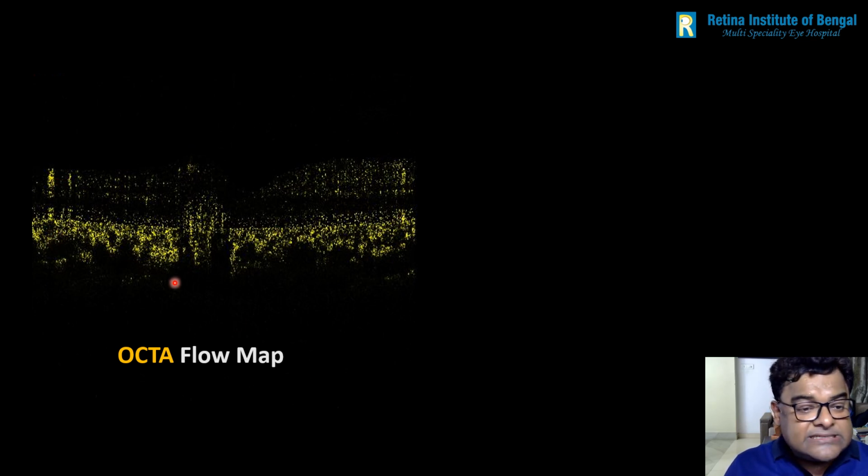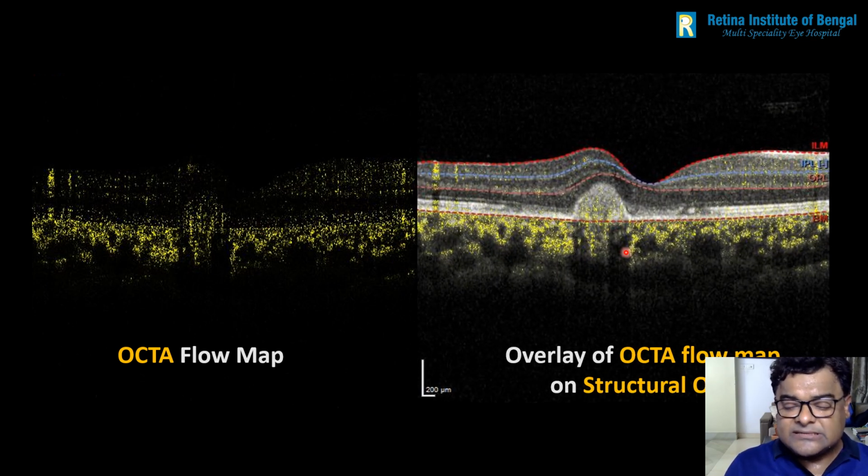These are the points where the machine, after doing the scan again and again at the same location, found there was some change. And therefore, it is considering all these points to represent red blood cells or moving blood. Then you overlap this scan onto the structural OCT, and that is how you get an OCTA, OCT angiography, flow map on the structural OCT.